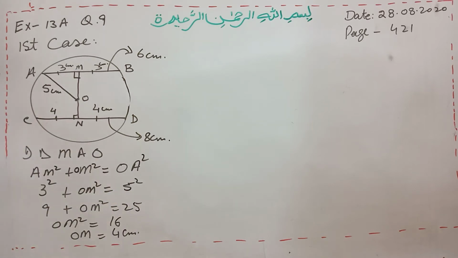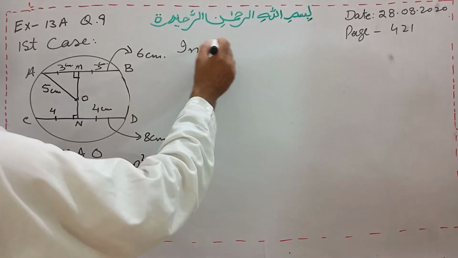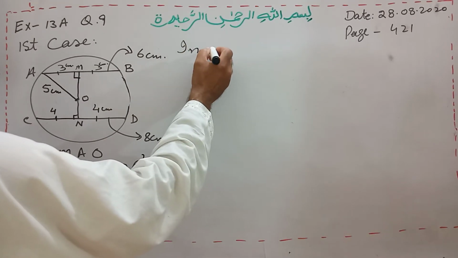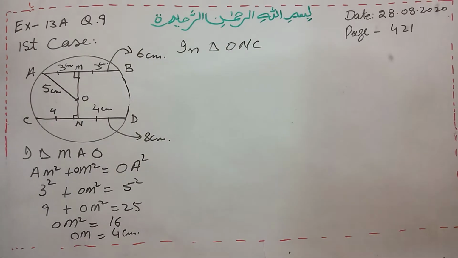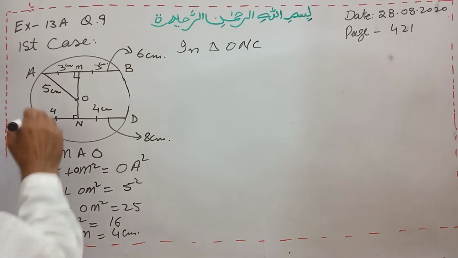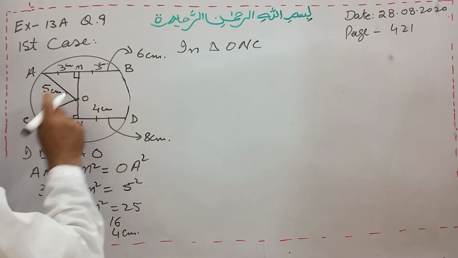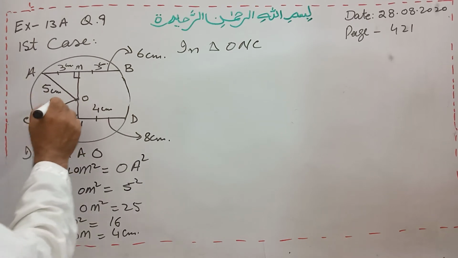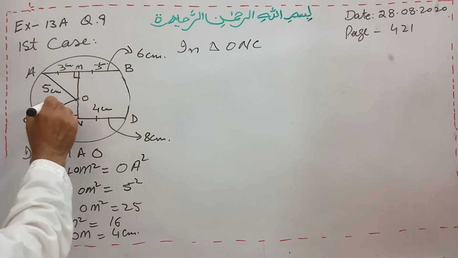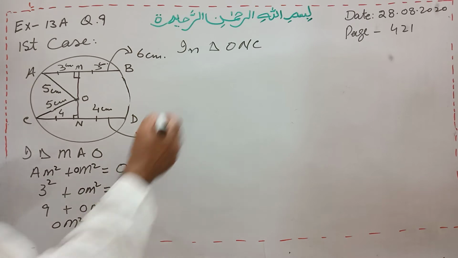Now in triangle ONC, join O to C. This OC is 5 because this is the radius of the circle. Again apply the Pythagoras theorem.